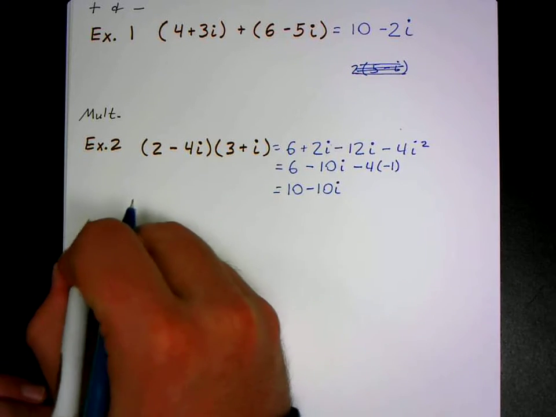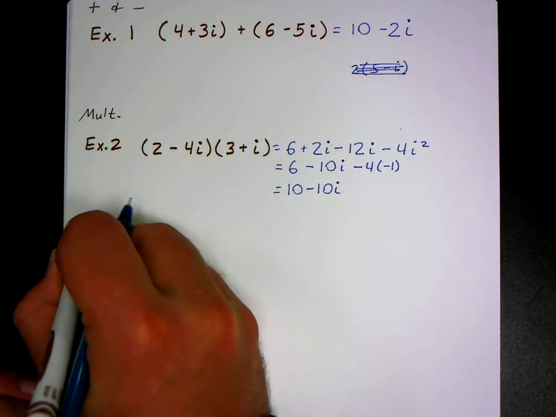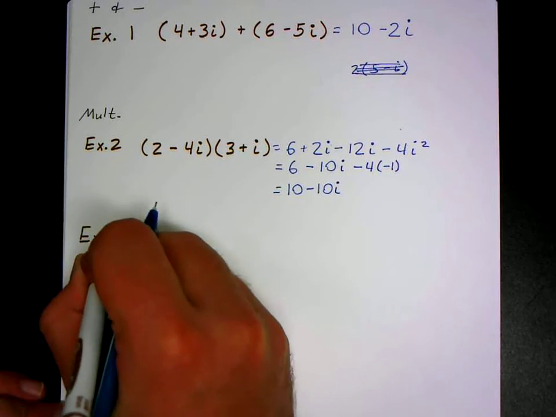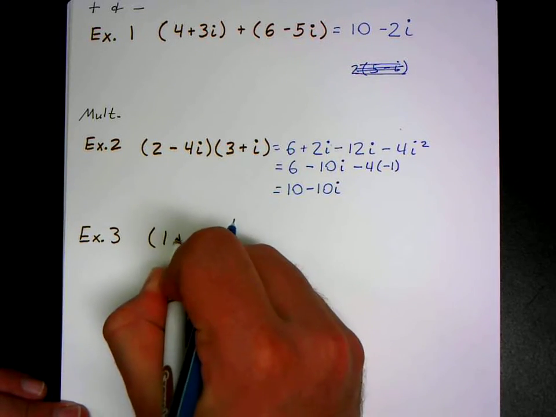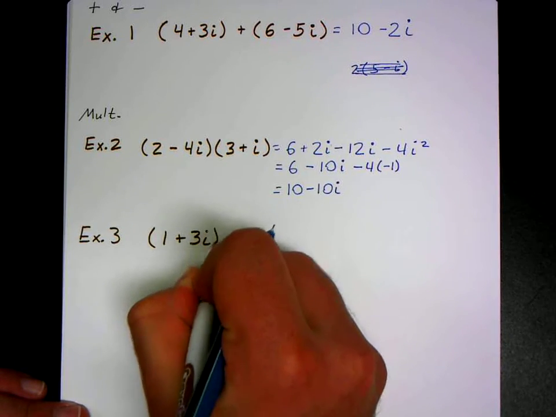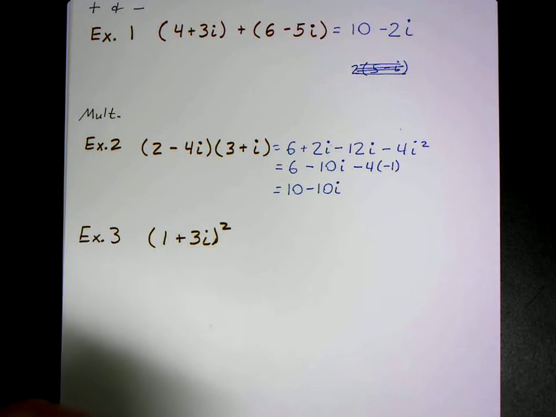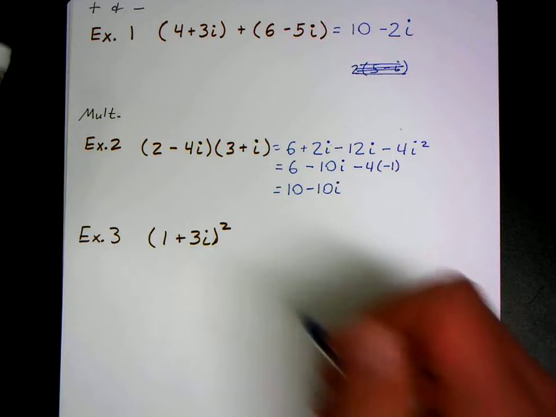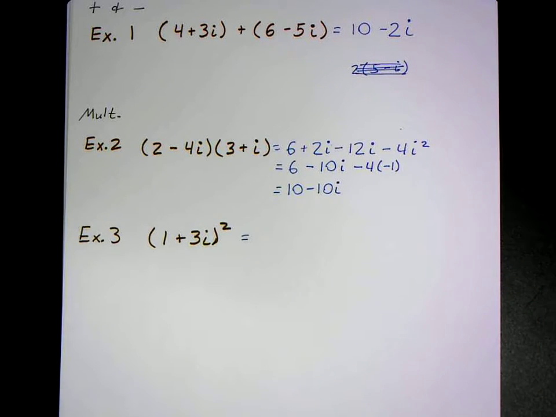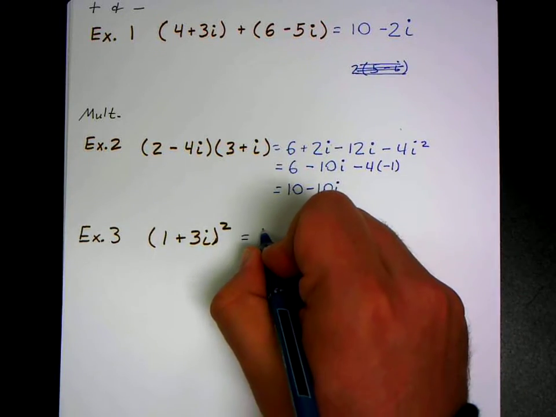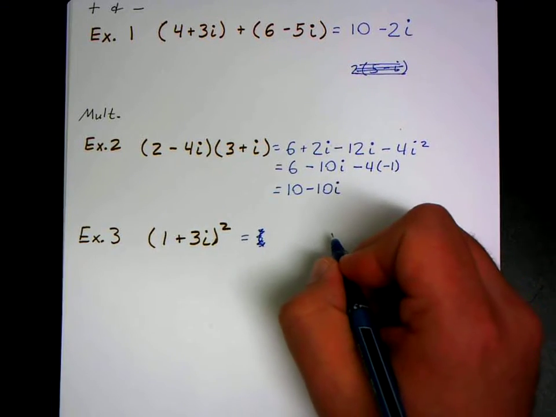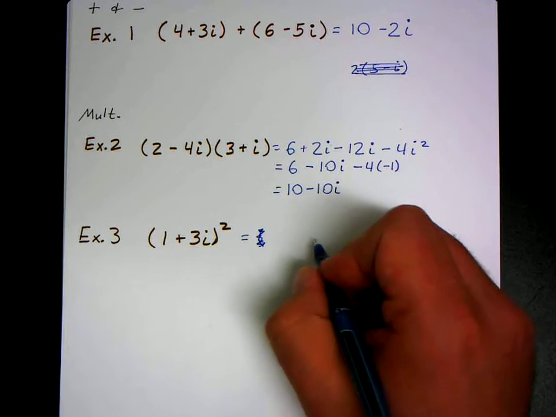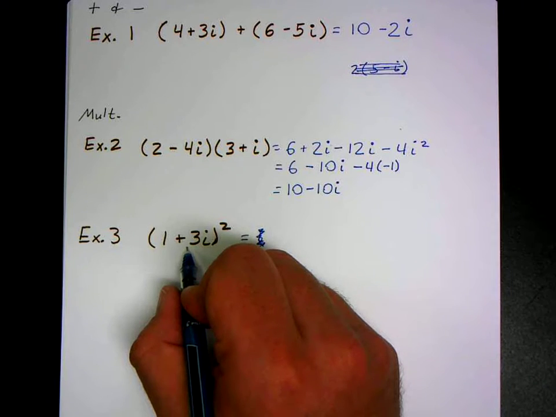Okay, just to make sure we're not making a mistake on this, I want to do this one. Let's do one like that. I don't know why I put a parenthesis. Whenever you do that, you have to still distribute.